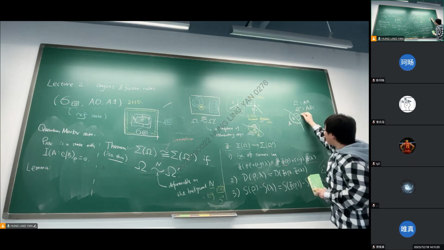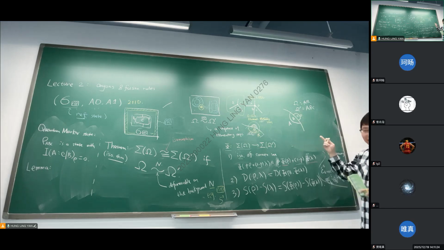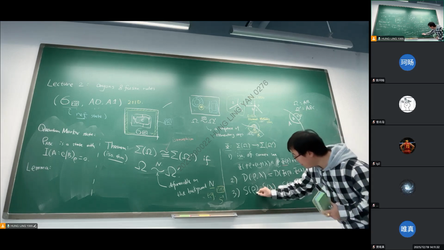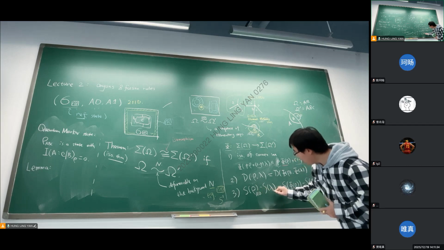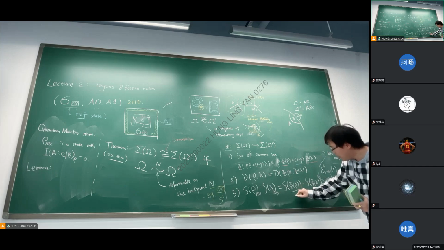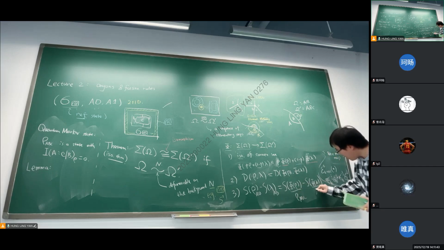B and C are contained in the disk, so I can add the region D. So BCD is a disk on which you impose the axiom. So rho and lambda here would be rho AB and lambda AB. Here is some state, let me call it rho ABC, and lambda ABC.